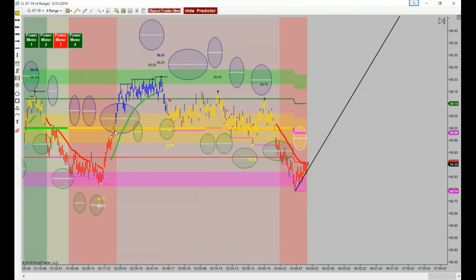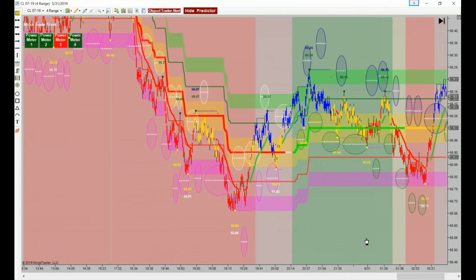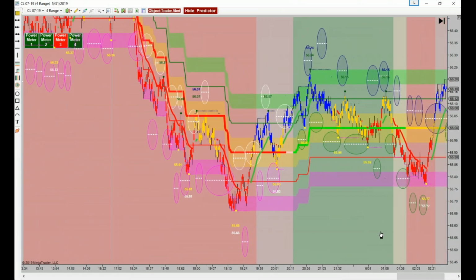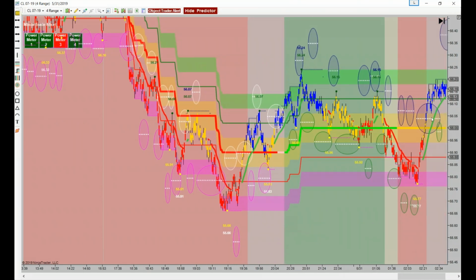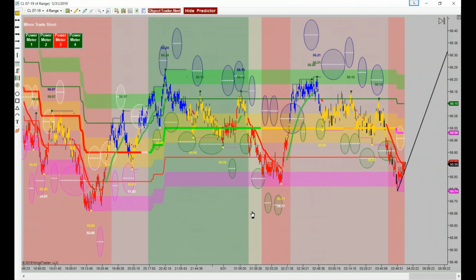If you see something like this in real time, you've had a huge move down, a nice move up, and then they start not taking out lows and not taking out highs. Use this stealth right here. This will usually get you a pretty good trade. Go for the second one, not the first one, because the first one's usually a fake. And there's your second one right there, and that's a nice deep retracement.